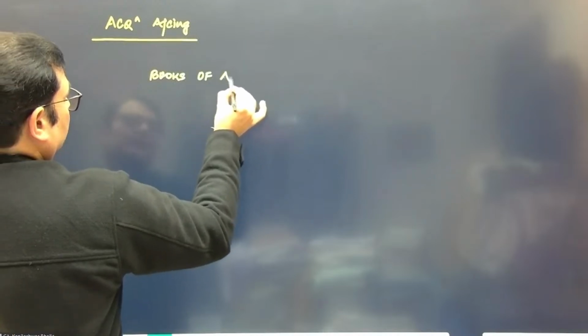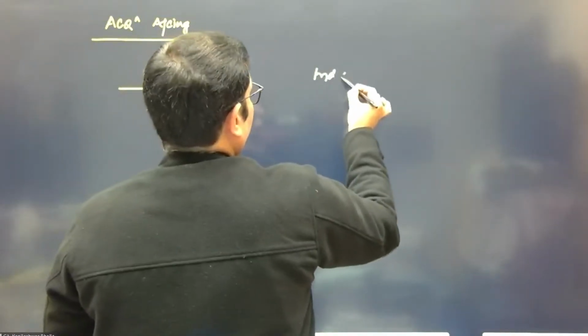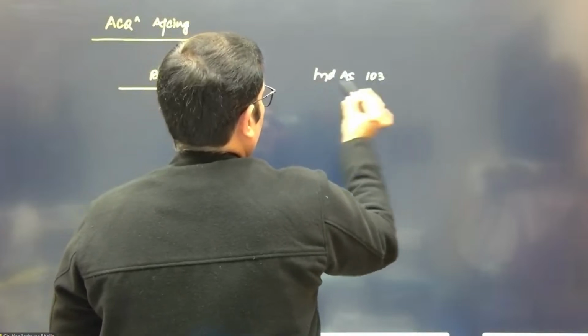Now watch this carefully. Let's consider company A acquires control over B, and A is the accounting and the legal acquirer both, acquisition accounting. So let's say this is the books of A, and we are looking at the journal entry under Ind AS 103.